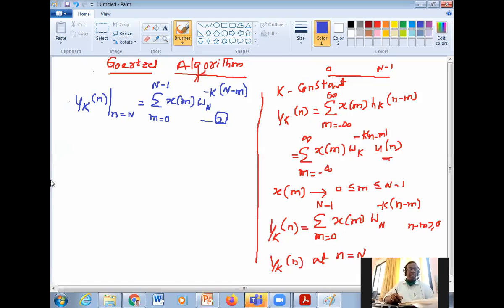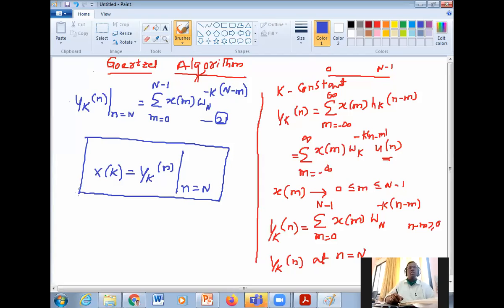By comparing this with equation 1, we can write x of k equals yk of n at n equals capital N. So this is the formula we have for performing the Goertzel algorithm computation.